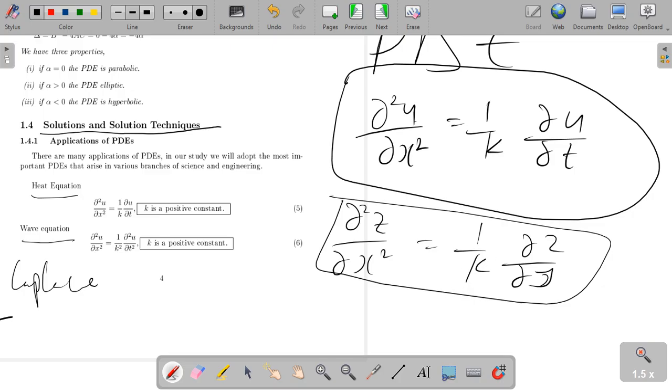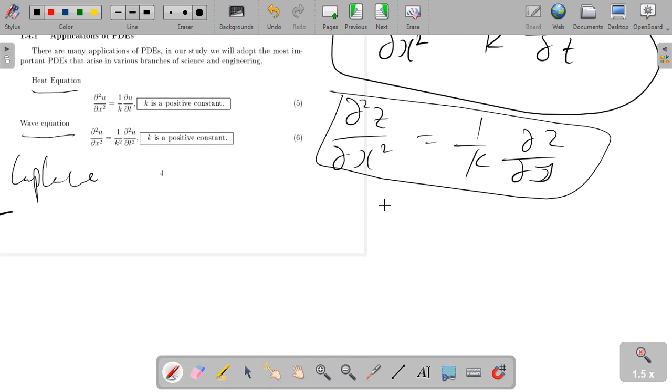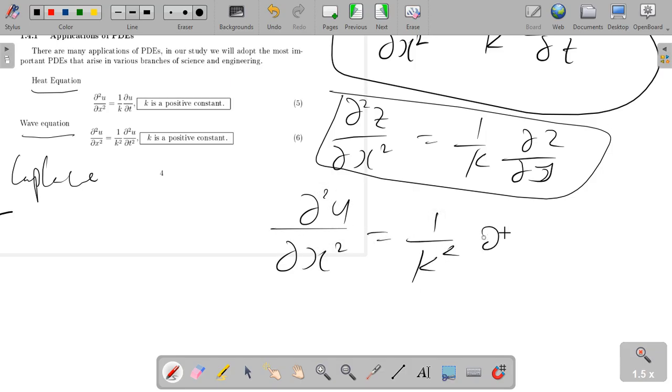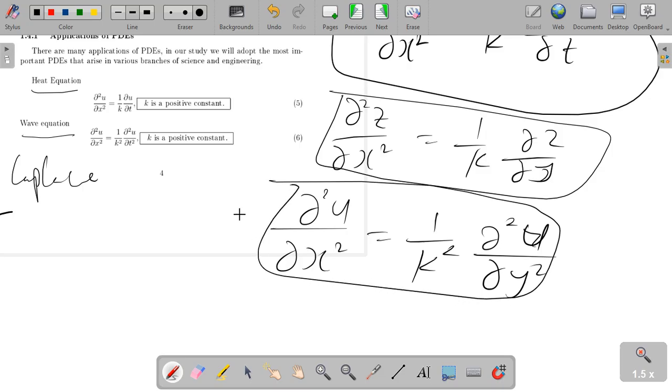Now, from here we can get the wave equation. The wave equation is just to square everything here. So I'm going to have partial squared u over partial x squared is equal to 1 over k squared times partial squared u over partial t squared. Remember, if here is u, here will be u. As simple as that, that is your wave equation. In the wave equation, everything is squared. That's the difference.